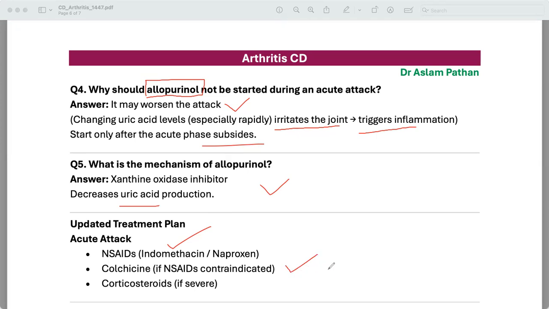And remember, colchicine does not reduce the serum uric acid. It only helps with the pain and inflammation. And if both NSAIDs and colchicine give no benefit, maybe corticosteroids are used for severe cases.